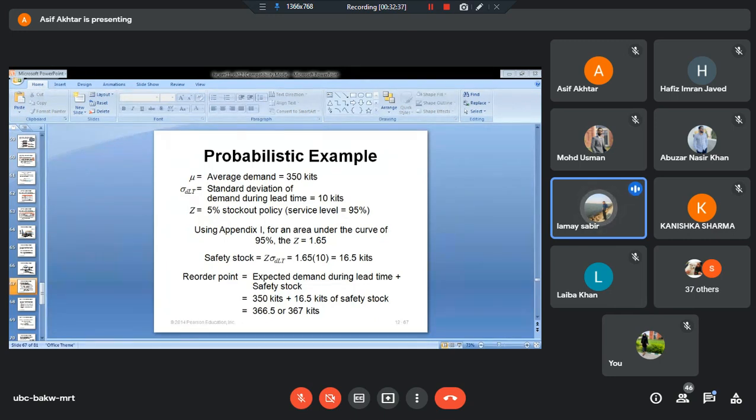The calculations are not that problematic. It's quite easy. If you have understood the formula, it will be very easy to understand what we are asking you to do. And this assignment is customized.